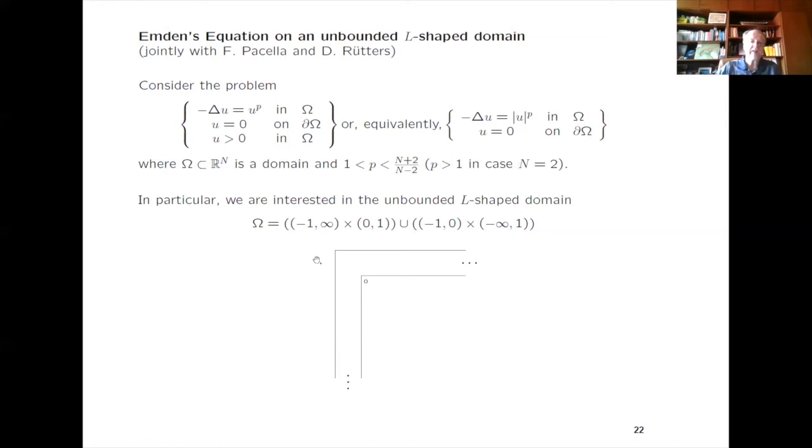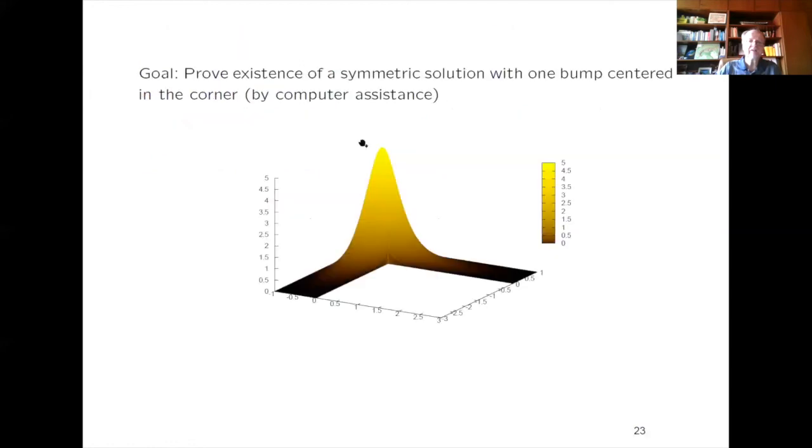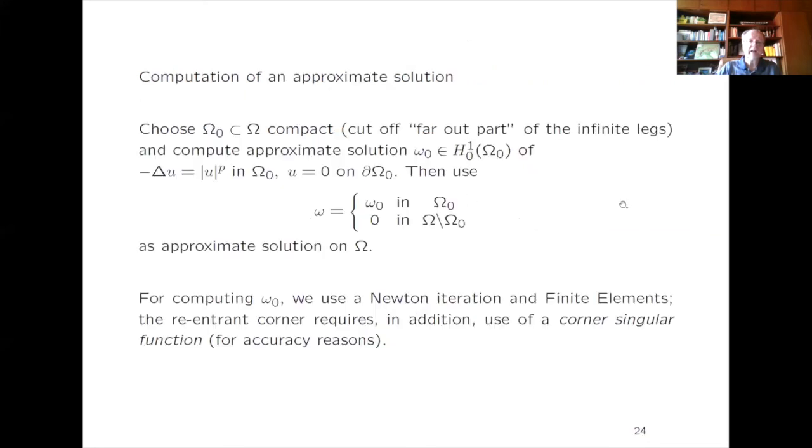We are interested in particular in this domain, which has two infinite legs, so it's an unbounded domain, which in addition has this corner here. And we are interested in proving the existence of a solution symmetric with respect to reflection at this diagonal axis, with one bump centered at the corner.